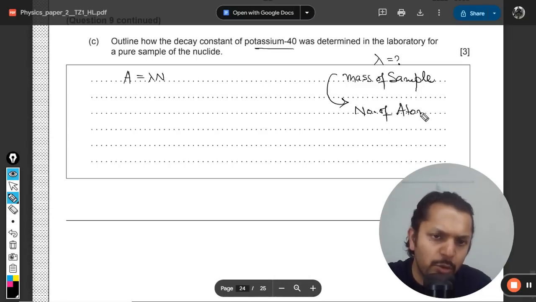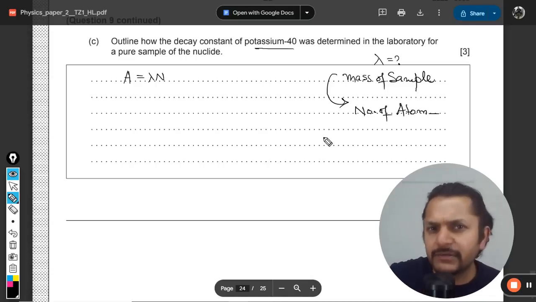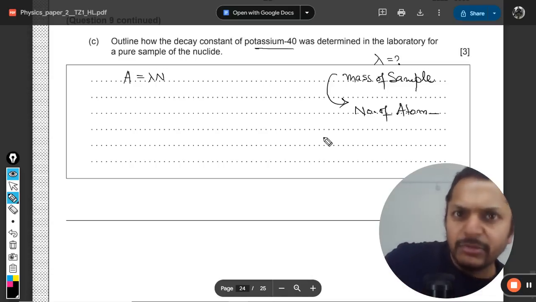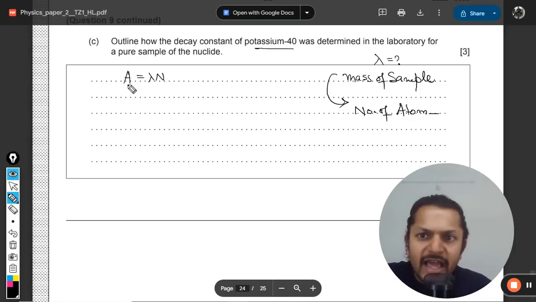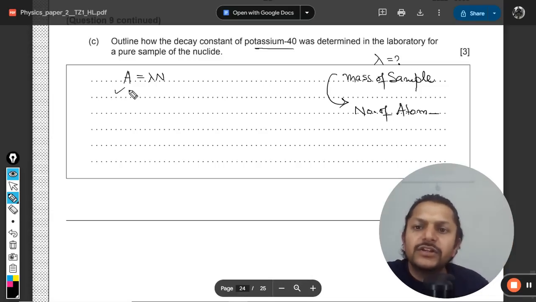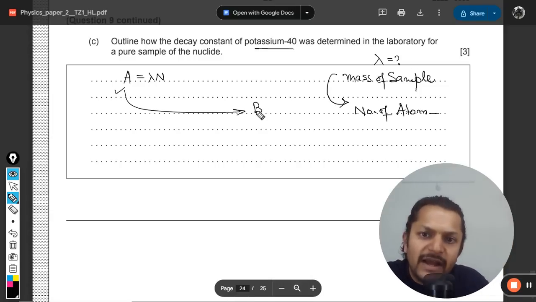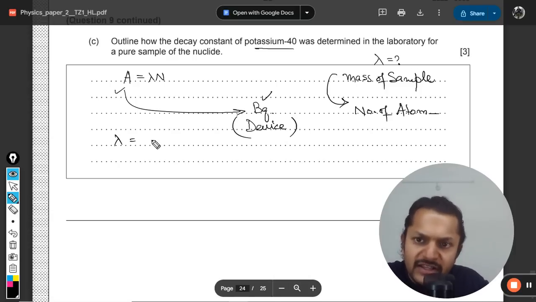To be specific, it has to be the number of atoms, literally the number when you multiply with the Avogadro number. And activity you can measure with the help of your instruments. The unit will be becquerel, and you can measure it with the device. And from there you can find the lambda, that will be A divided by n.